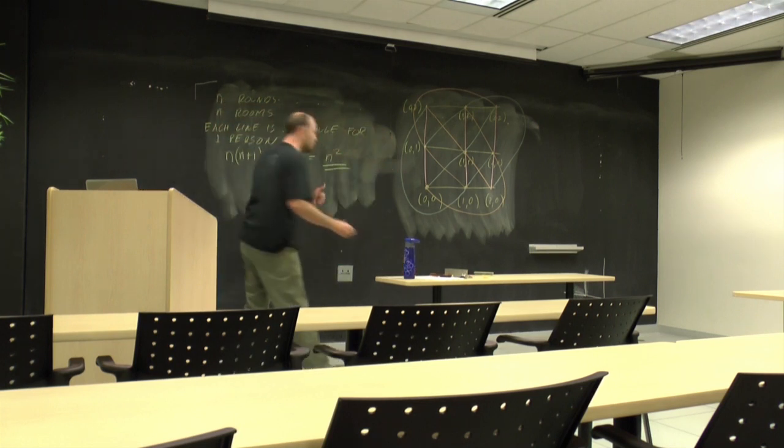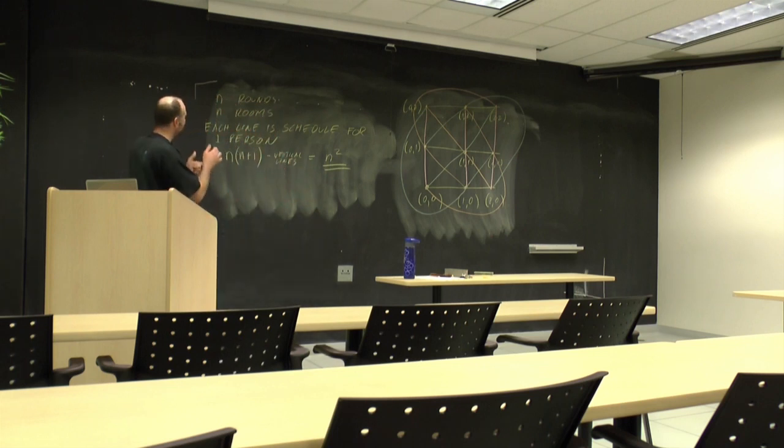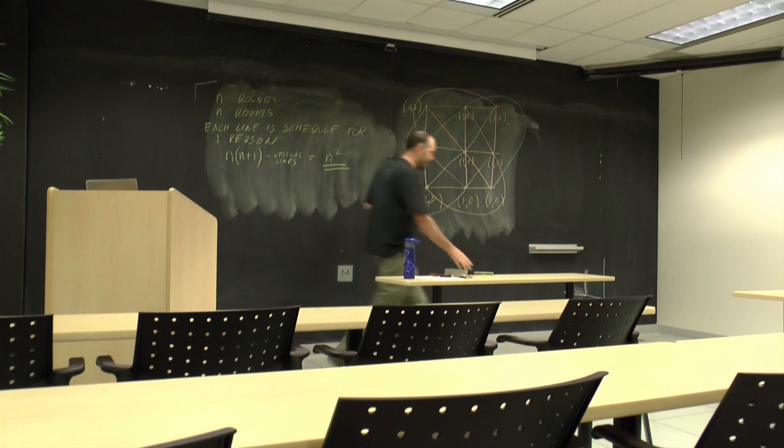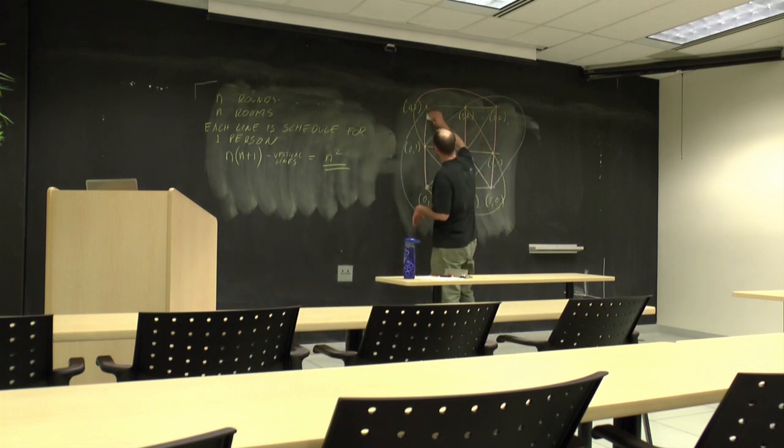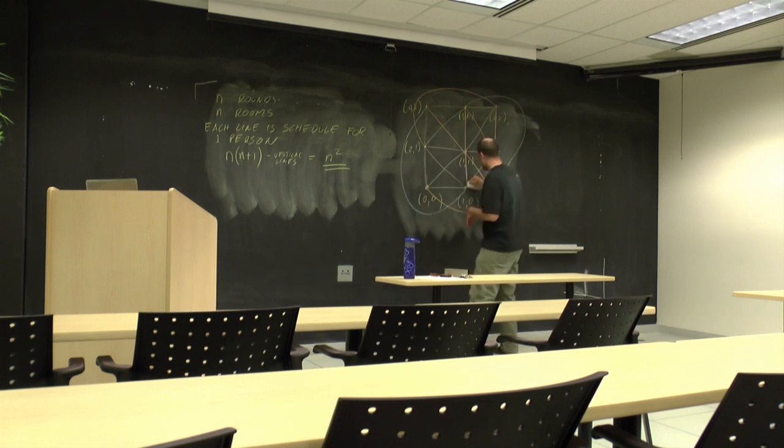It features n squared people organized into n rounds and n rooms with n people in each round room pair. It looks great. It does, however, violate one of the things that I really wanted, and that is that I wanted to be able to test any particular person at any game. But it's pretty close.